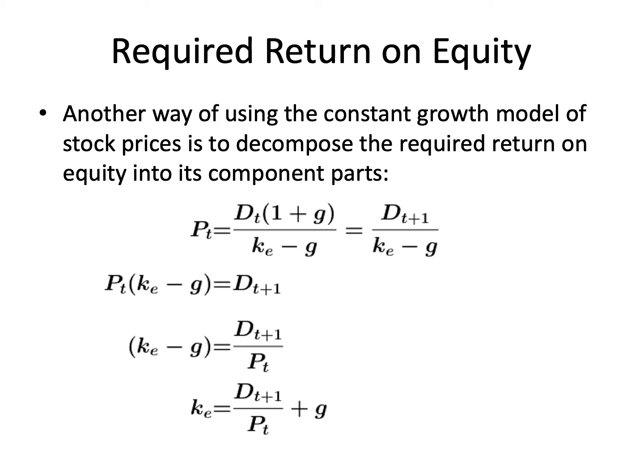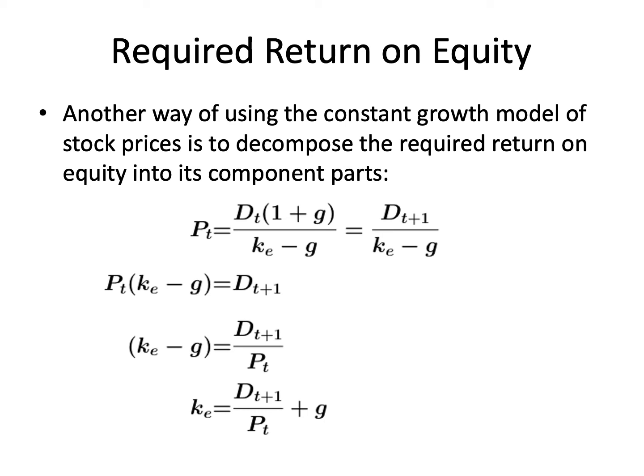Another way of using the constant growth model of stock prices is to decompose the required return on equity into its component parts. So there's two parts to this effectively. The price now is going to be the dividend and its growth, over the required return on equity KE, the discount rate, minus the growth rate.